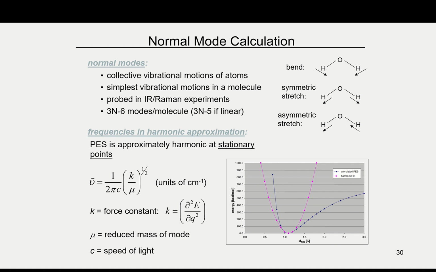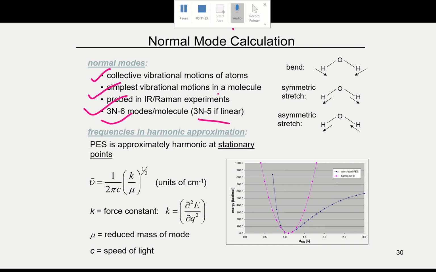Collective vibrational motions, the simplest vibrational motions, probed in IR and Raman, 3N minus 6 modes per molecule for non-linear, and 3N minus 5 if linear. Frequencies in harmonic approximations. What are the frequencies?